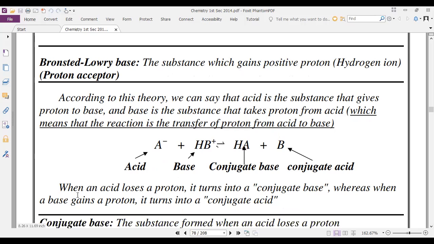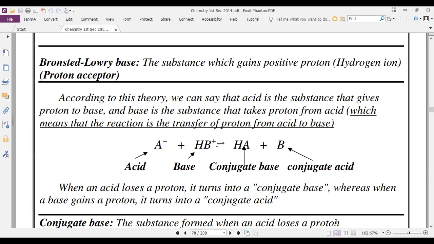So when an acid loses a proton, it turns into a conjugate base. As acid loses a proton, it can be changed into conjugate base. What about when a base gains a proton? It turns into a conjugate acid, right?